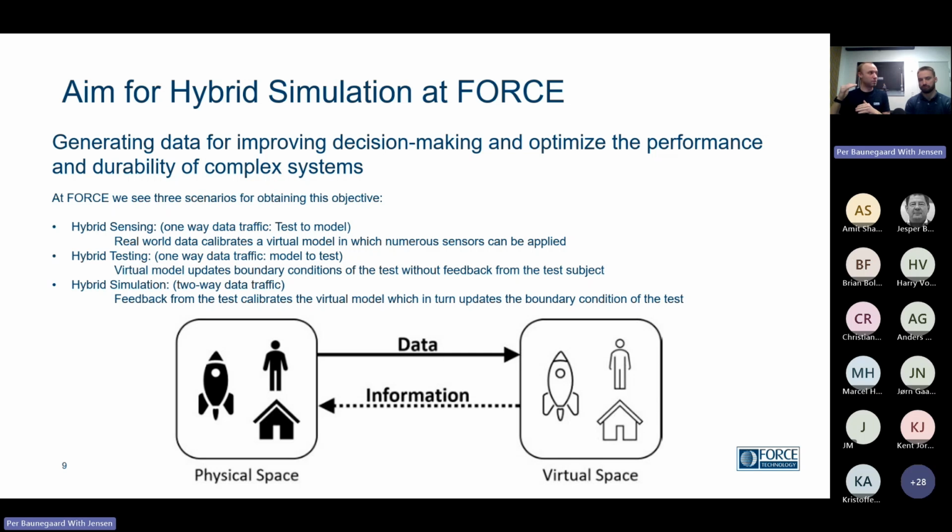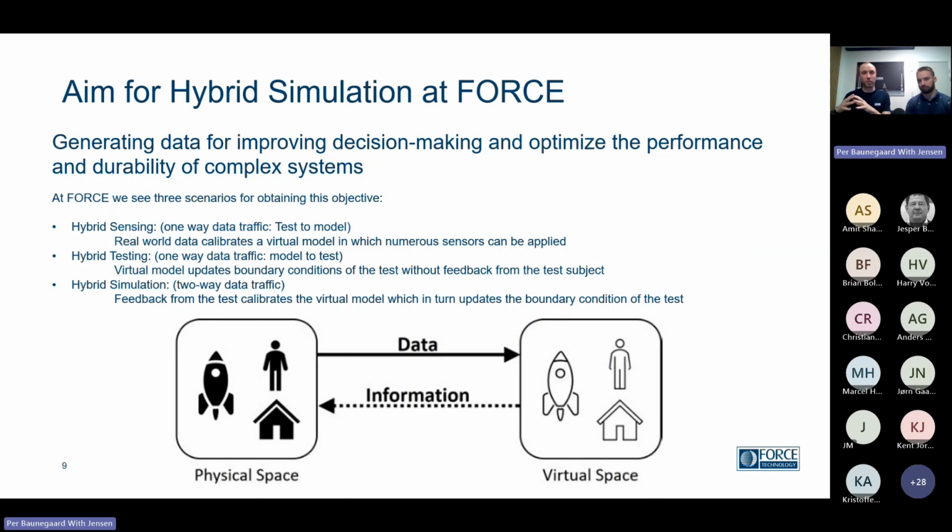But we try and divide hybrid simulation into three different topics. We define them as hybrid sensing, hybrid testing, and hybrid simulation. In hybrid sensing, it's a one-way traffic from the test to the virtual model.